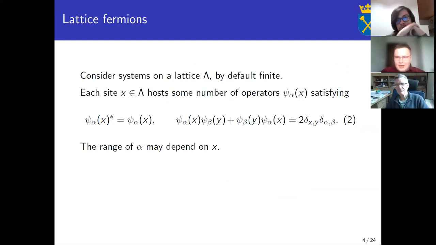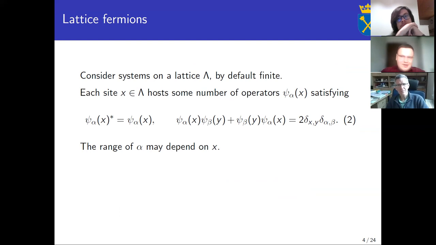So I'm going to talk about lattice systems. There will be some lattice Lambda, some discrete grid of points. It could be a triangulation, or not necessarily a triangulation, but some cell structure of some manifold or something like that, and by default these lattices will be finite.